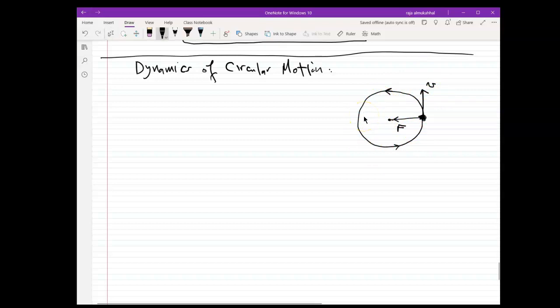So here the sum of the forces is equal to ma, but this a is special. It is the centripetal acceleration. And the sum of the forces for this case would be this centripetal force F, equal to m times the centripetal acceleration, which is m v squared over r, where r is the radius of the path.